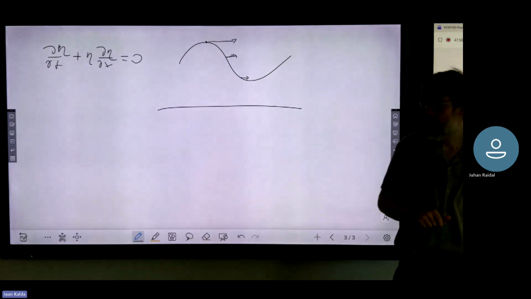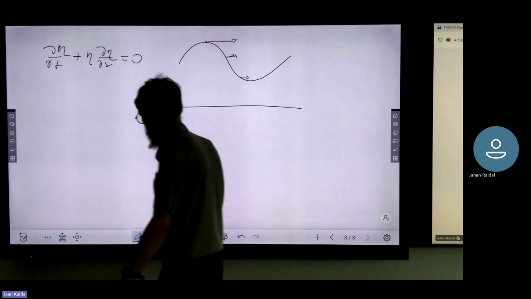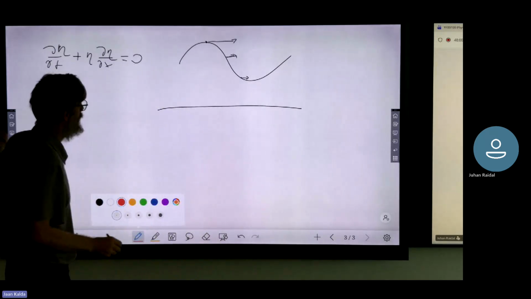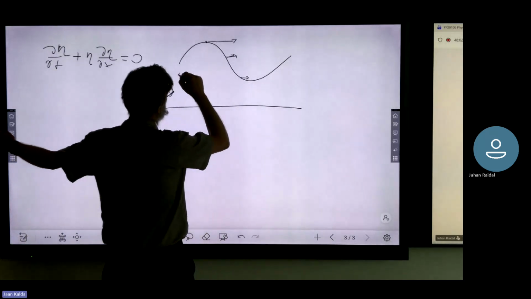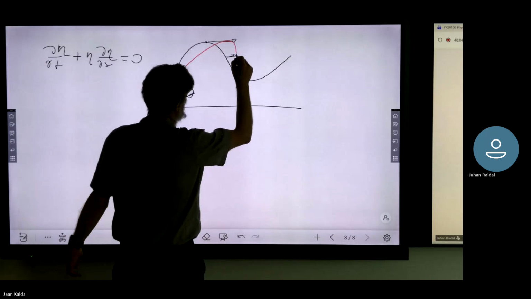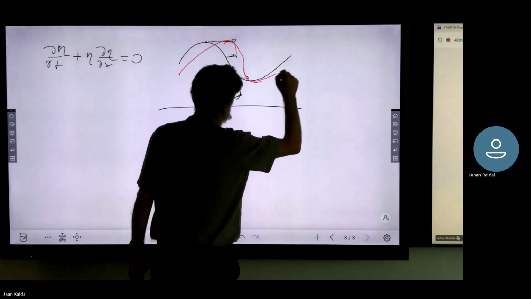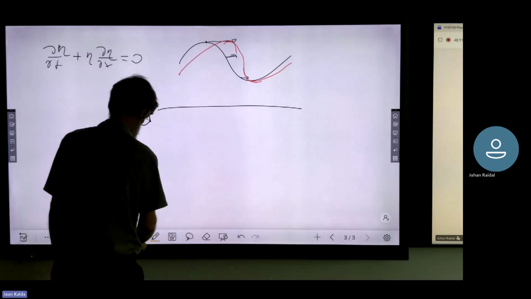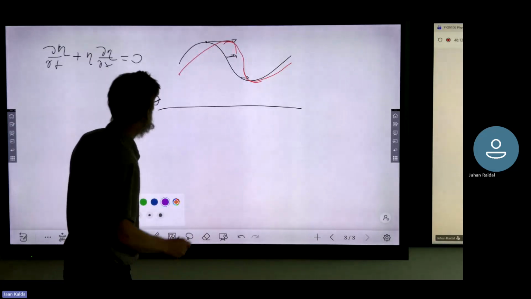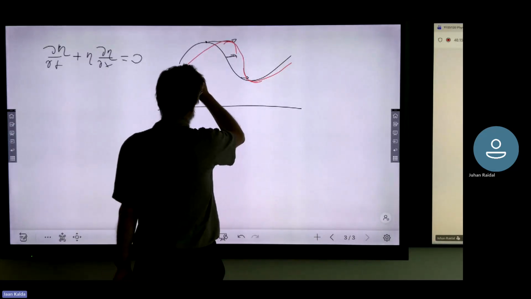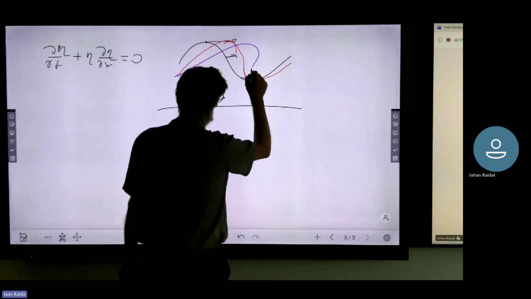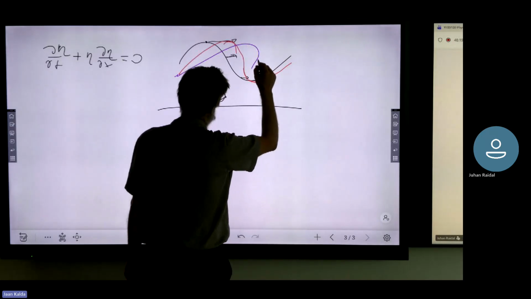So what happens during the process is that this becomes like that, maybe. And at a certain moment you will have wave breaking, meaning that the top caught up with the bottom.